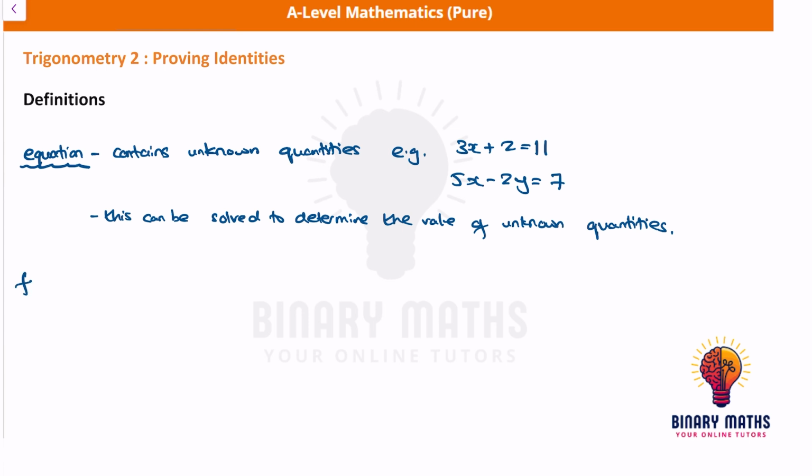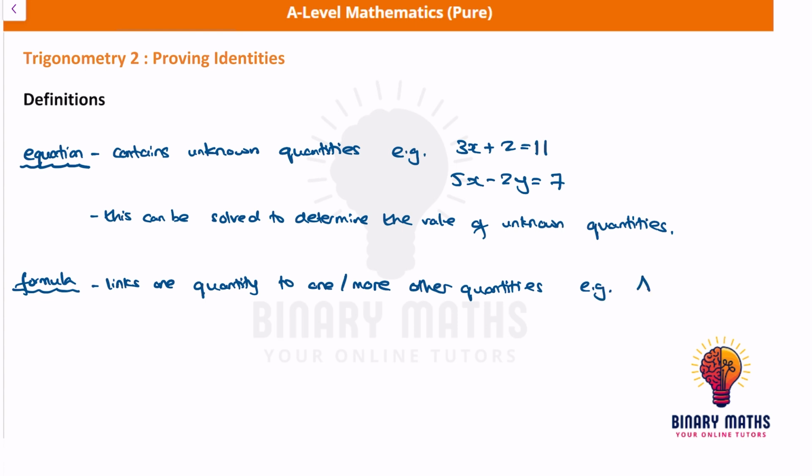A formula. So what is a formula? A formula links one quantity to one or more other quantities. For example, a formula might be A is equal to pi r squared.